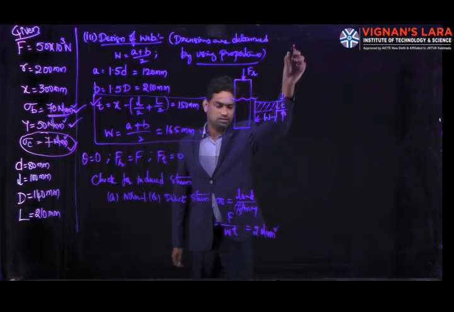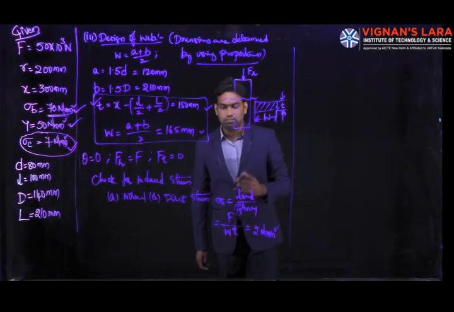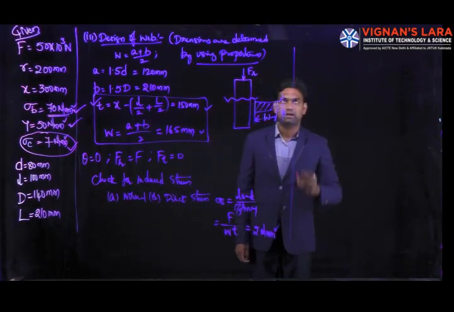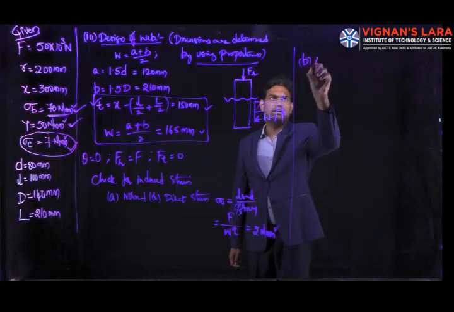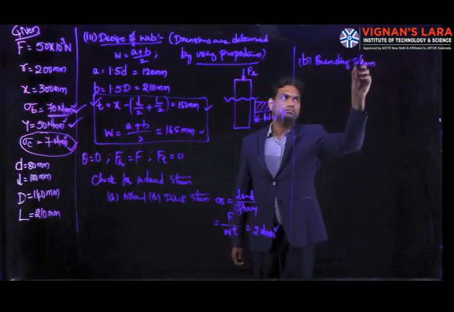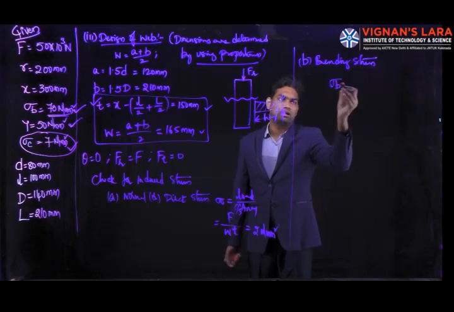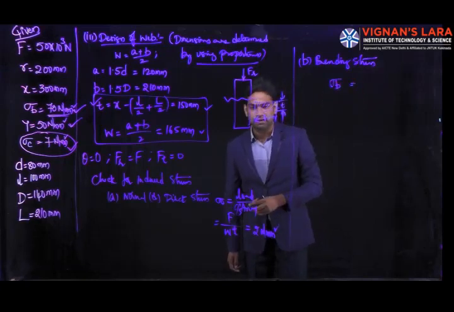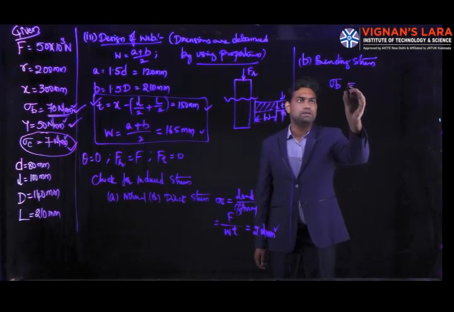The second stress is the bending stress due to the radial component again. So the second one is the bending stress, sigma b. There is only one bending stress, so I can denote it with sigma b.